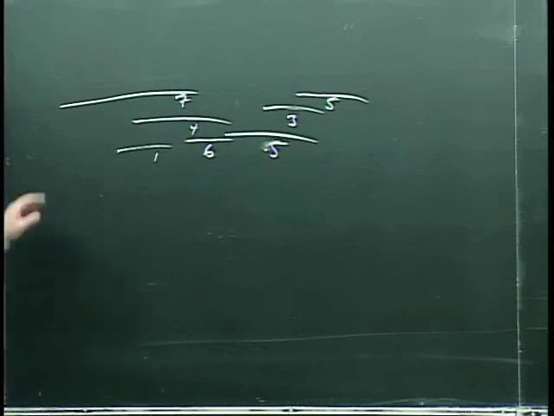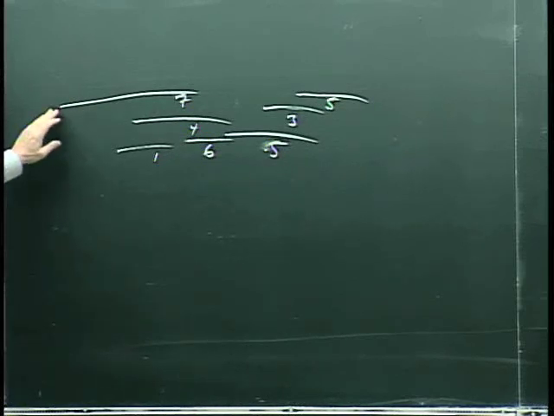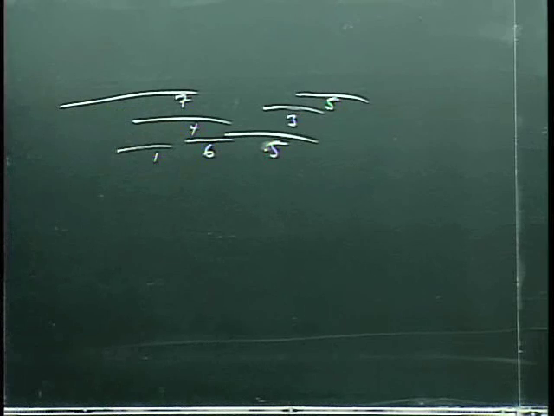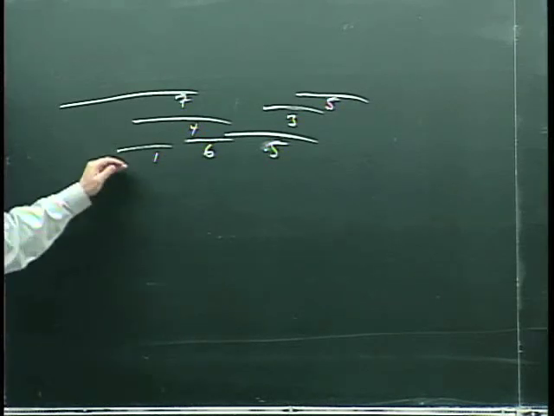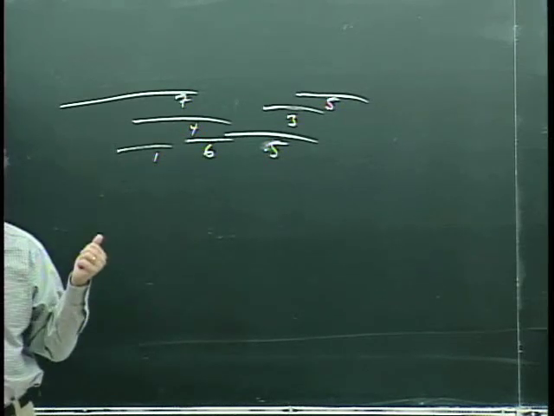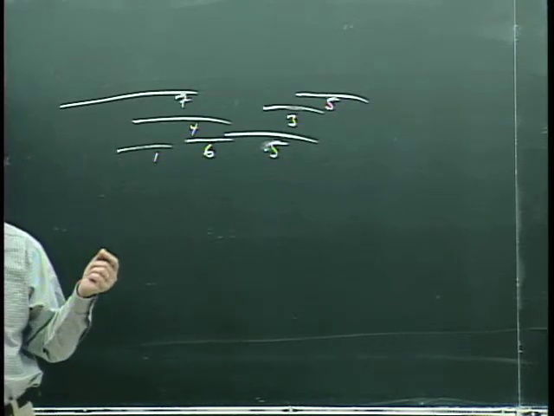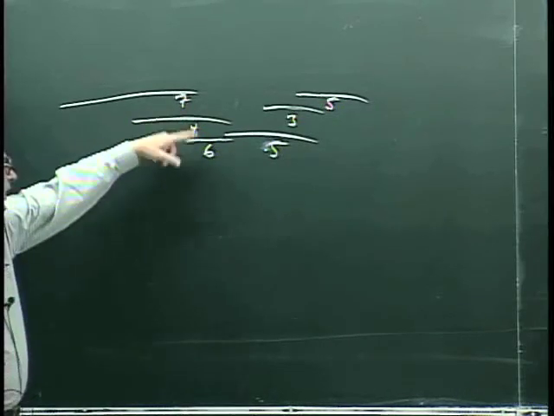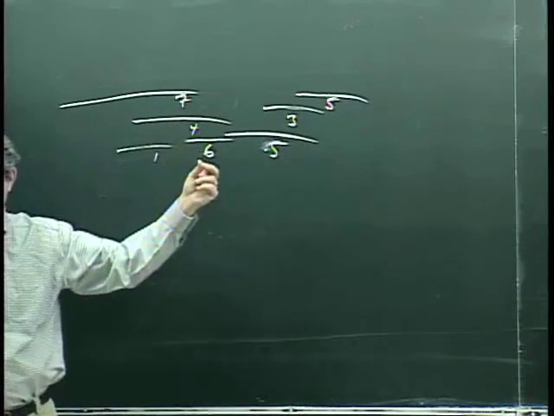And the problem now is to pick a subset of intervals that are pairwise non-overlapping. That's what we looked at before. We didn't want overlapping intervals. That was in the first scheduling problem we looked at. But now, instead of maximizing the number of pairwise non-overlapping intervals, we want to maximize the total sum of the values that are associated with the intervals.